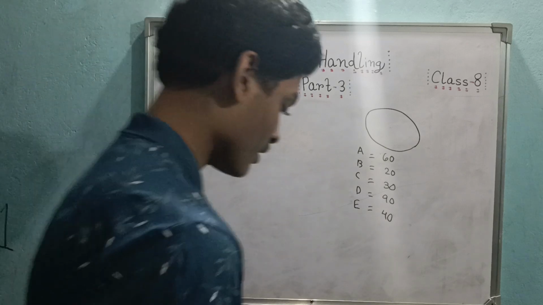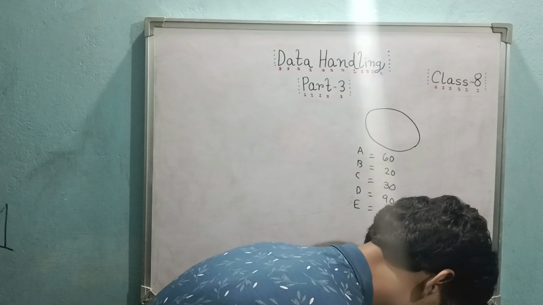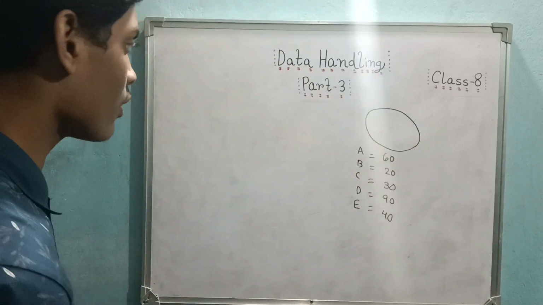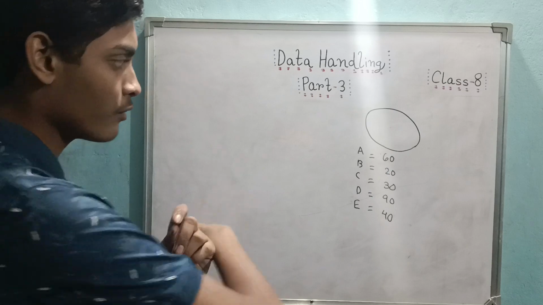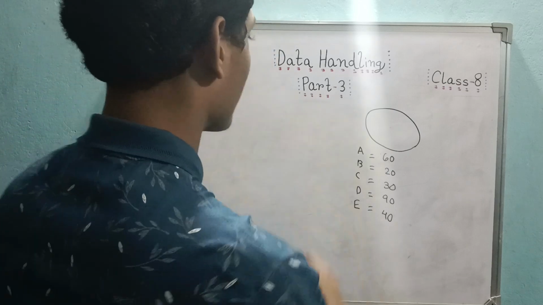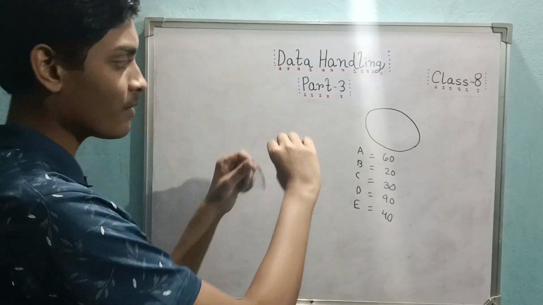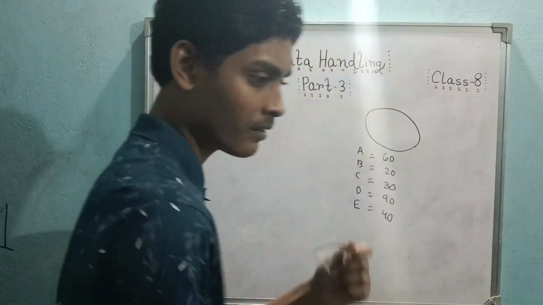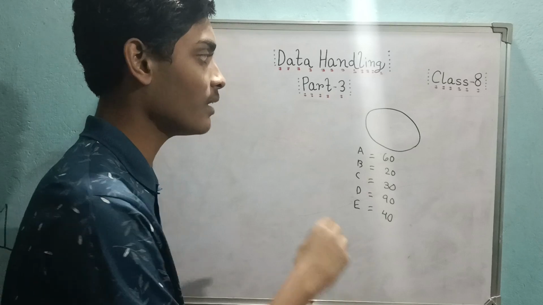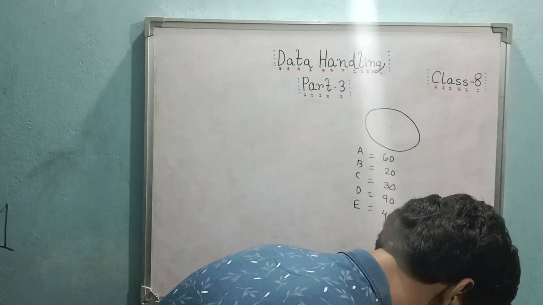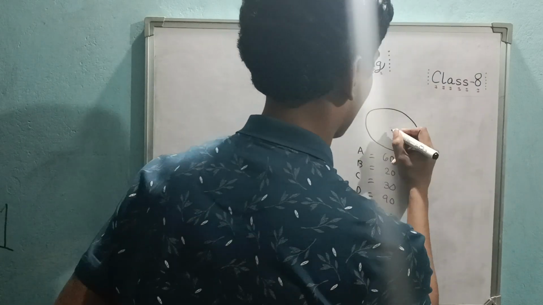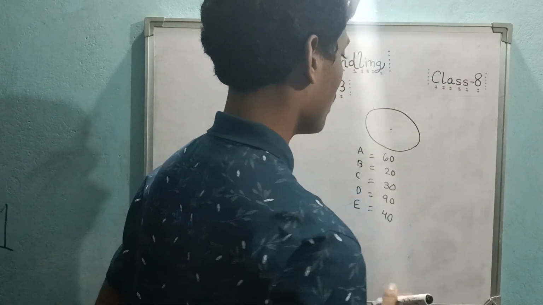Alright, let us see what we can make from this. You can draw a circle using the compass. You take a measurement on the scale, take that measurement on the compass and draw the circle. The point at which you press the needle of the compass will be the center of the circle. So suppose this is my center of the circle.